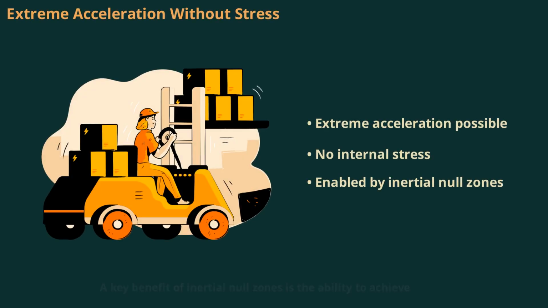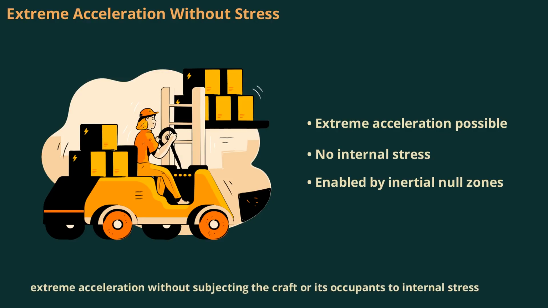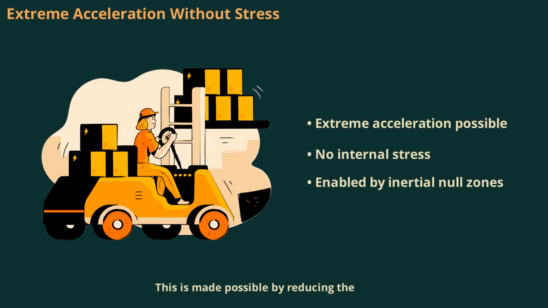A key benefit of inertial null zones is the ability to achieve extreme acceleration without subjecting the craft or its occupants to internal stress. This is made possible by reducing the effective inertia to near zero within specific regions as defined by the mathematical framework.